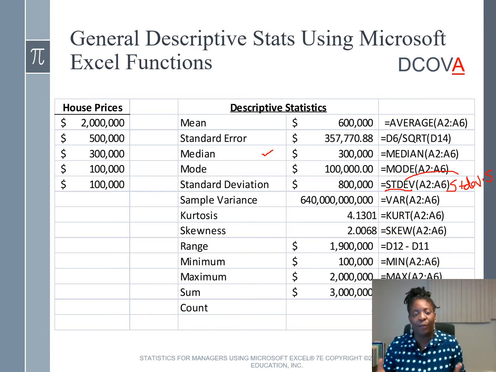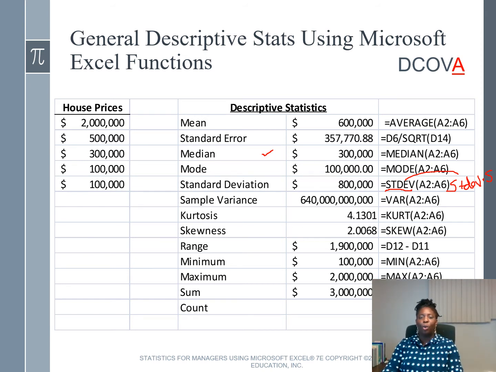The .S version divides the sum of the squared deviations from the mean by n-1. Very, very important. The n-1 is a small sample correction, right? When you have a small sample, it will give you significantly different values if you use the .S versus the .P. For variance, you use VAR.S for the sample version of variance and VAR.P for the population version.